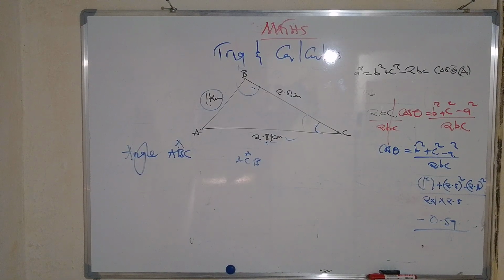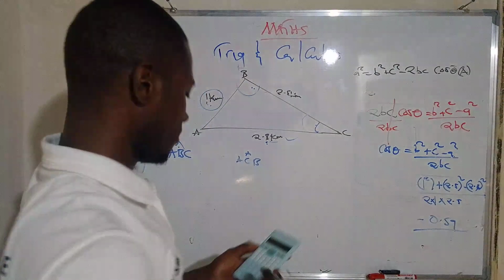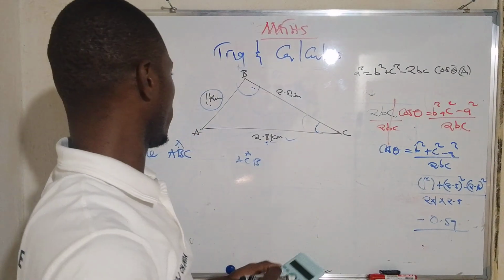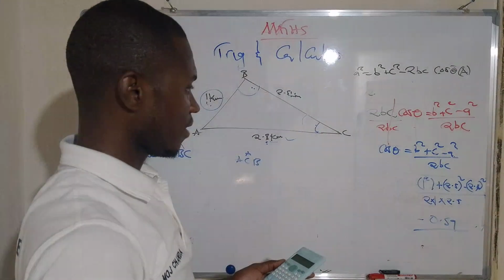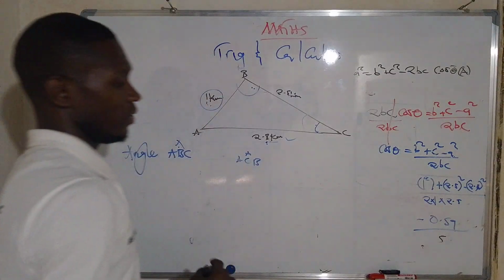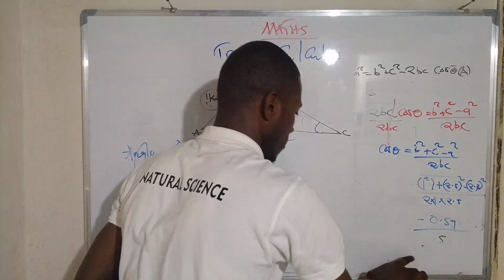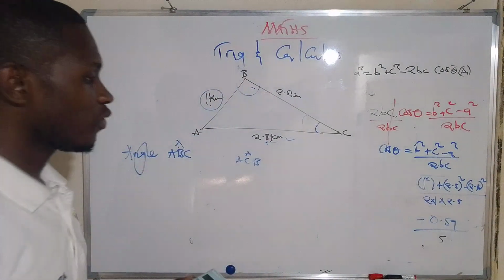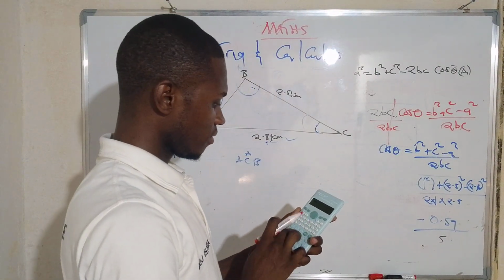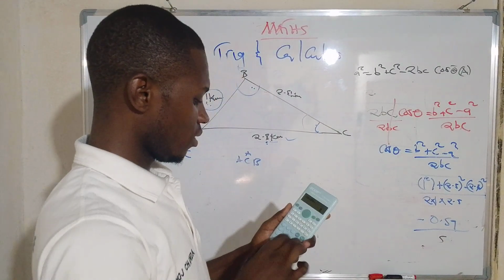So those are my numbers on top. Then you come downwards. 2 multiplied by 2.5 times 1. So it's 5. You get it? Then from here, my markers are giving me problems now. So from here, negative 0.59, you divide by 5.